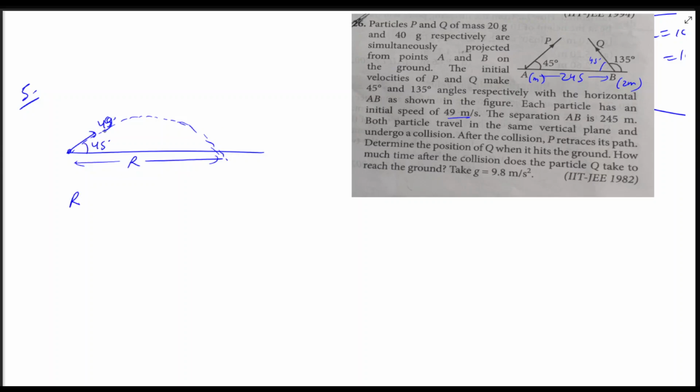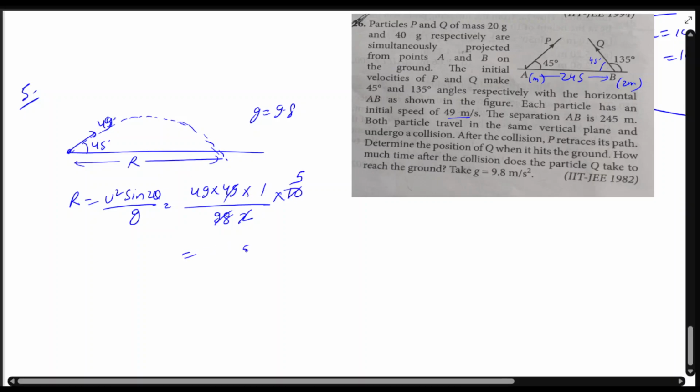So this is 45 degrees. g we have to take as 9.8. So range was u squared sin 2 theta divided by g. So u squared will be 49 into 49, and sin 2 theta, sin 90, will be 1, and g will be 9.8. So 245 is coming.